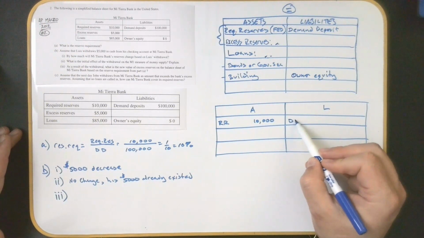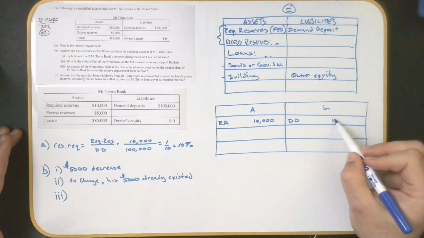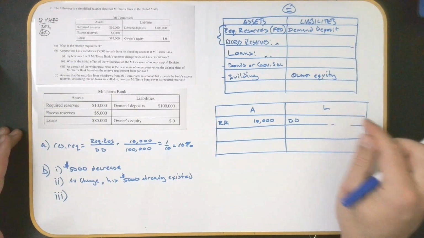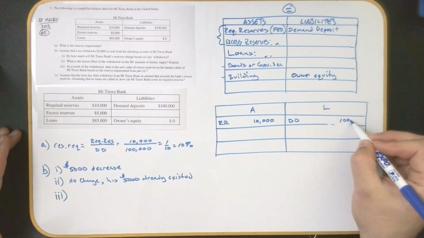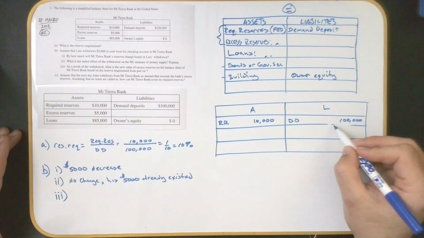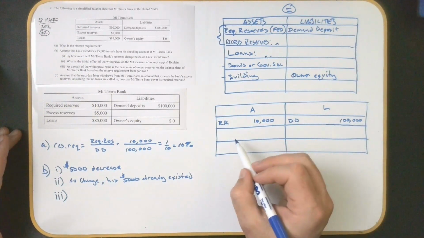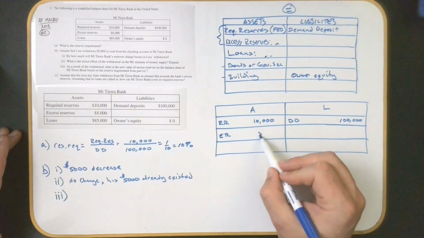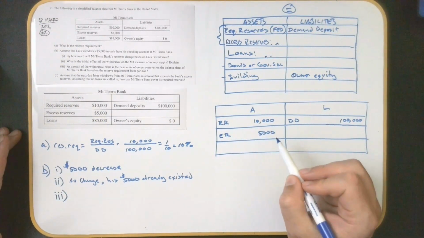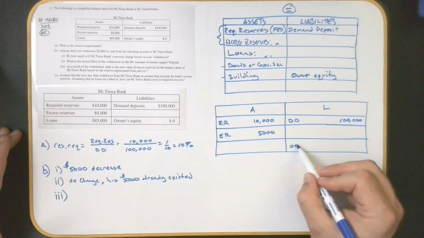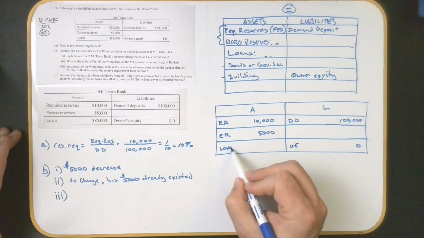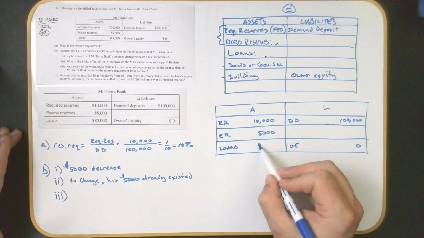Okay, and so his demand deposits of the bank were 100,000. Then I'm going to put ER for excess reserves. Was 5,000. Owner's equity is 0. That's not going to be a factor. And now loans at 85,000.